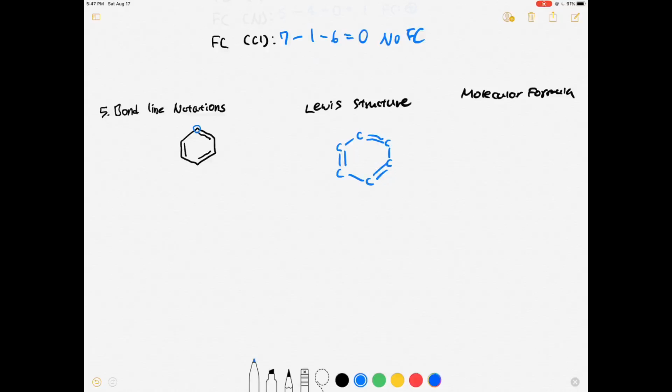For carbon over here, you already have 3 bonds, but there's no formal charge, which means there's no non-bonding, but you have a hydrogen with it. Same goes with all other carbons. Cool. Molecular formula for this one, as you can see, it's 1, 2, 3, 4, 5, 6. So 6 carbons and 6 hydrogens. Cool.